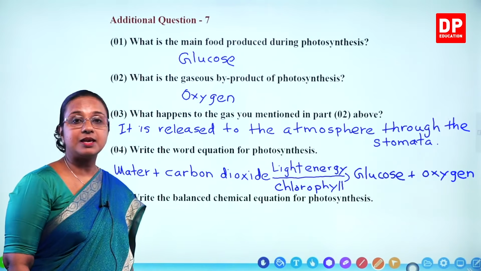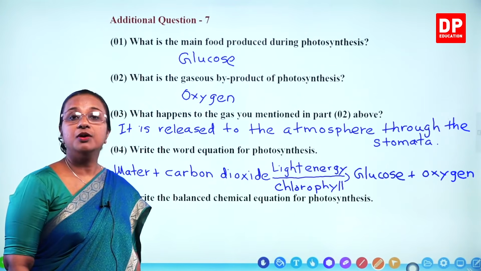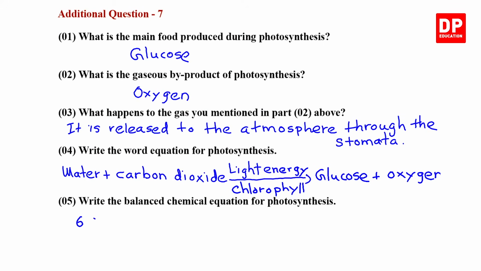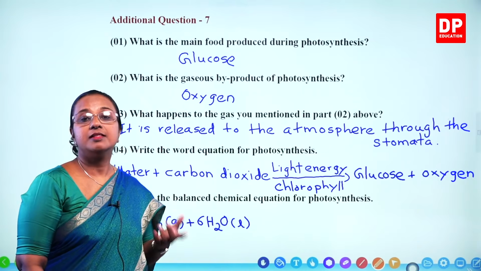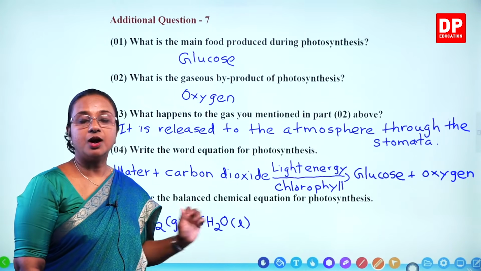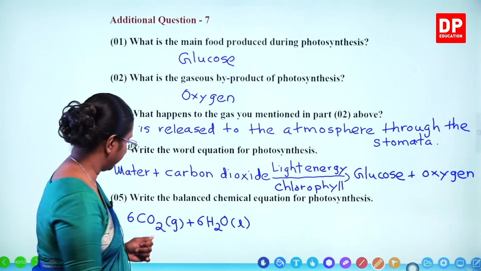Write the balanced chemical equation for photosynthesis. You know that as well. 6CO2 gas plus 6H2O liquid. Students, you all know that the states gas, liquid and solid, they are all optional. You can write the equation without stating the physical states.